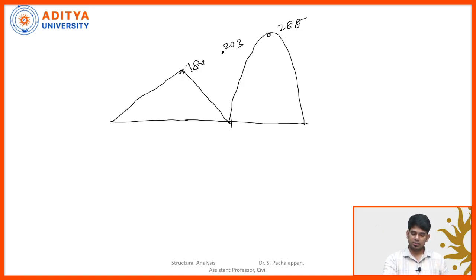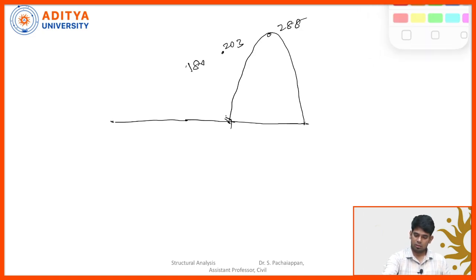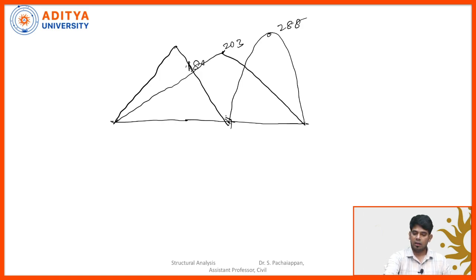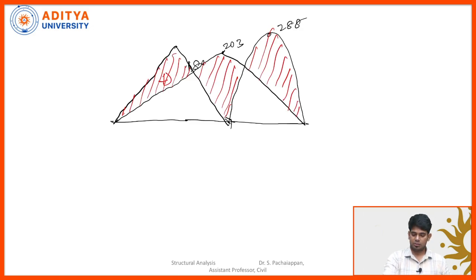Simply joining this, I am going to get the bending moment diagram. 180 we need to draw a little high actually. So this ordinate is 180. Now connecting this line, and then we'll shade your bending moment diagram. So this is the bending moment diagram. Let's say this is positive, this is negative, and this is positive. This is your bending moment diagram.